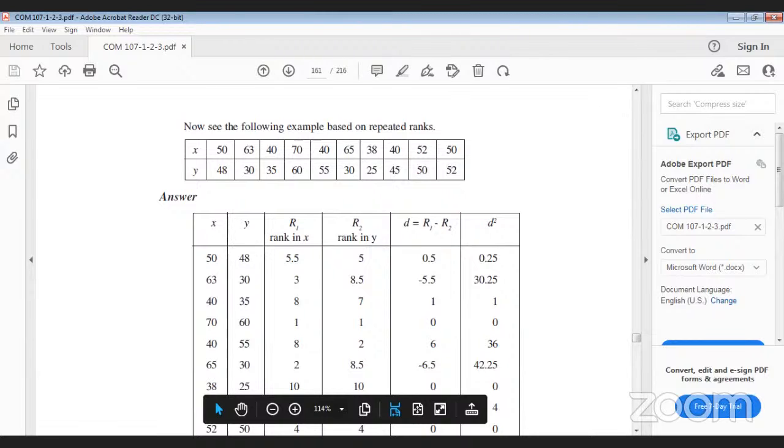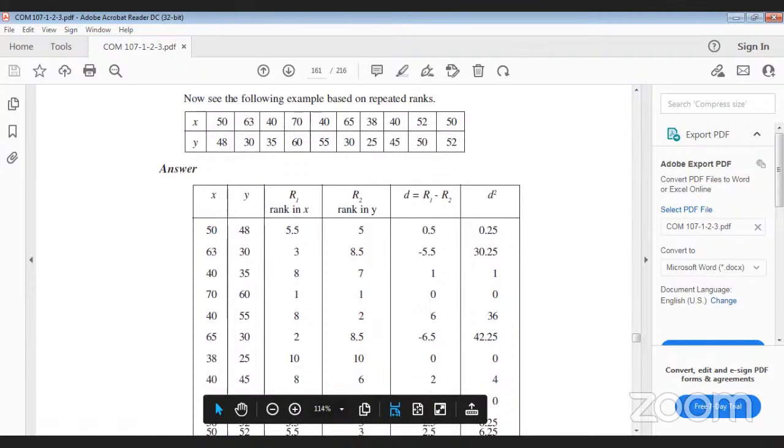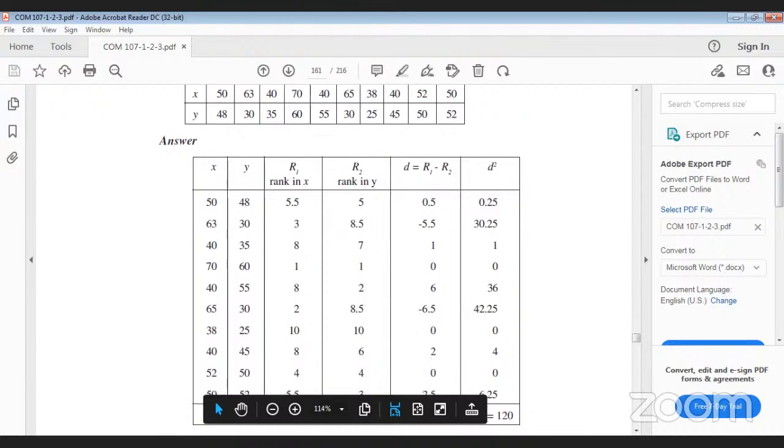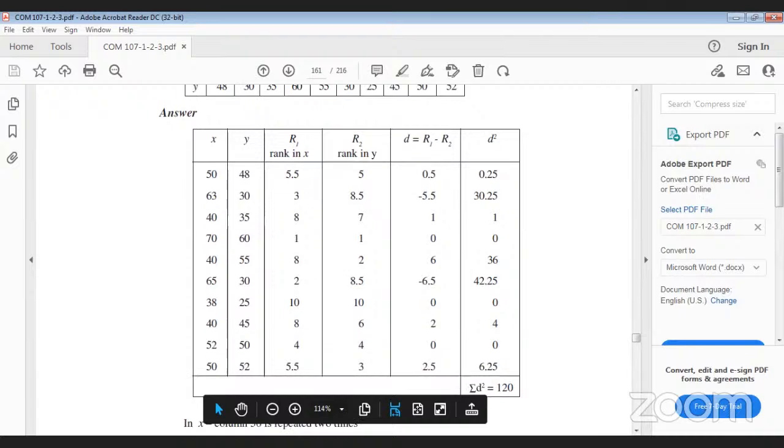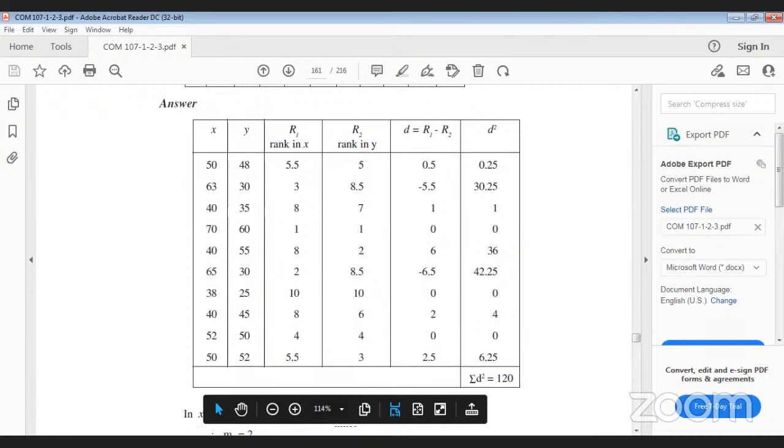Here the ranks are given also: for 50, 5.5; for 63, 8.5, because it is the highest number. 65 is the second highest, 2; then 38, 10; 48, and then 40 occurs two times here; 52, 4, and 50, that is 5.5, also occurs 2 times here.